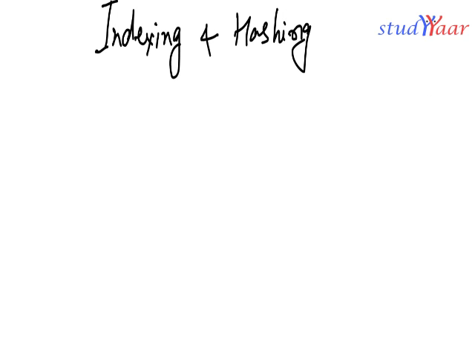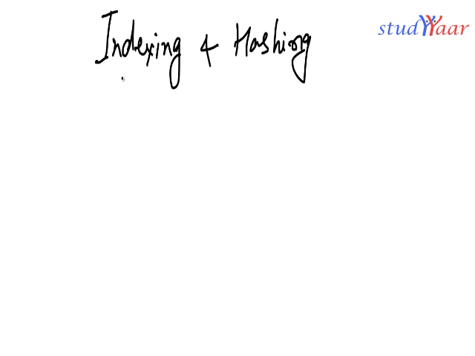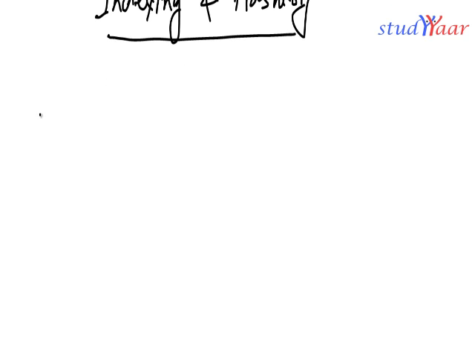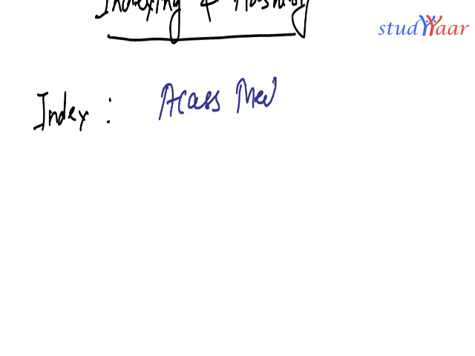Okay, in this session I'm going to tell you about indexing and hashing. First we will understand what is an index. An index is an access mechanism that helps me locate where a record is present.